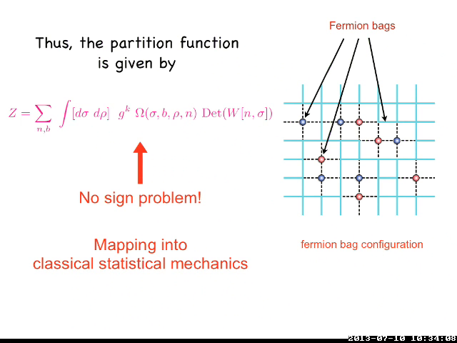So this is a nice way to rewrite the partition function as a statistical mechanics of some very interesting set of objects here, which are monomers, and there are other bosonic objects. But then the fermionic physics is hidden again in terms of determinants, and then there is no sign problem. So remember, again, the original problem had a sign problem, so the traditional approach would not have worked for this class of models.